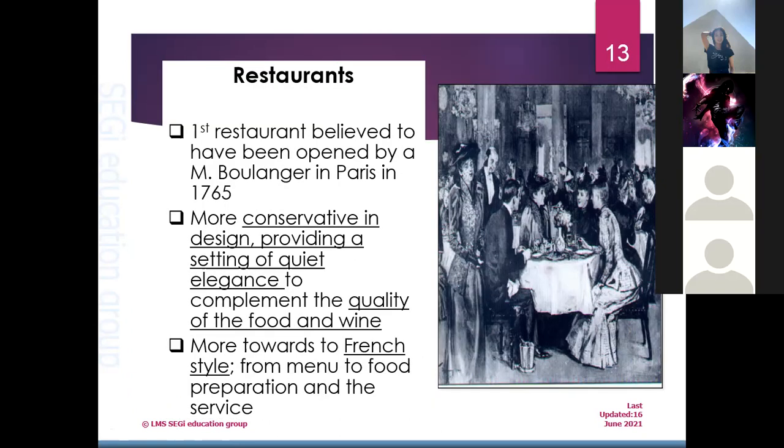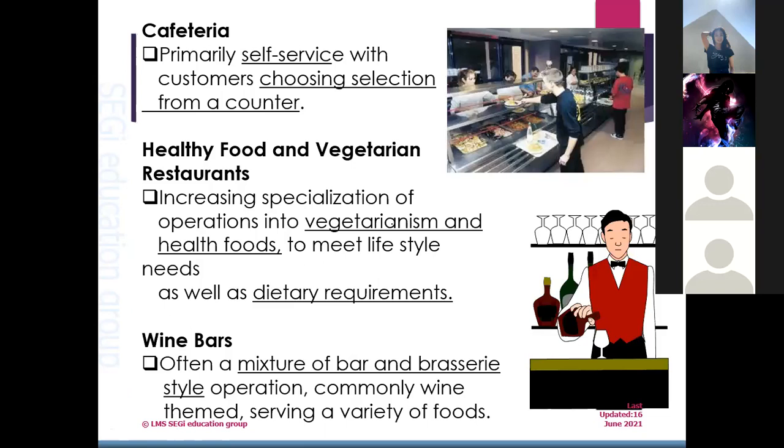Okay, the next one, cafeteria. So cafeteria, self-service with customer choosing selection from a counter. Guys, cafeteria, if you still remember yesterday when we discussed cafeteria is institutional food service.